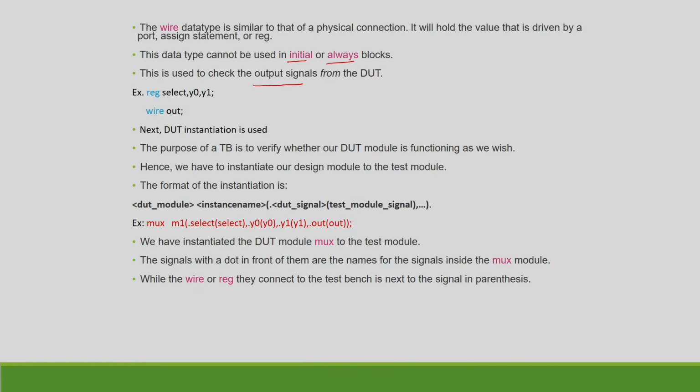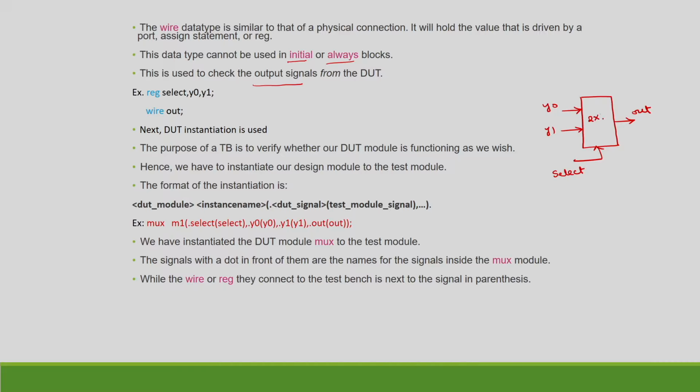If I take an example of a 2x1 multiplexer, here I am calling the inputs y0, y1, different notations, you can use anything. y0, y1 are the inputs, and there is a select line, and there is an output called out.